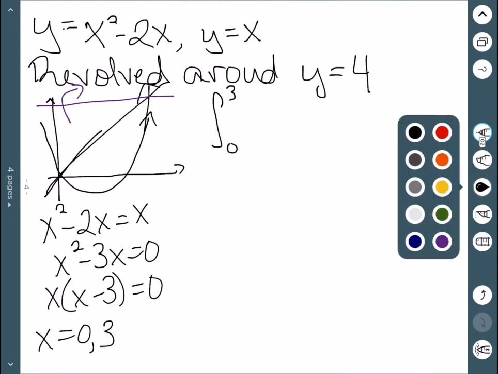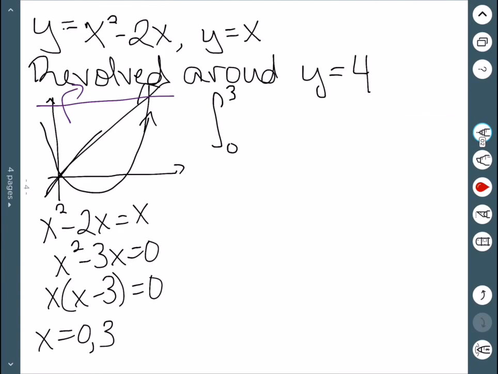Well, if I look at a single point, we'll say here, f of x will be the height from the x-axis, and then from here to here is going to be 4 minus f of x.